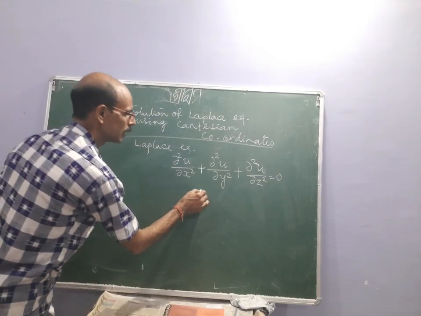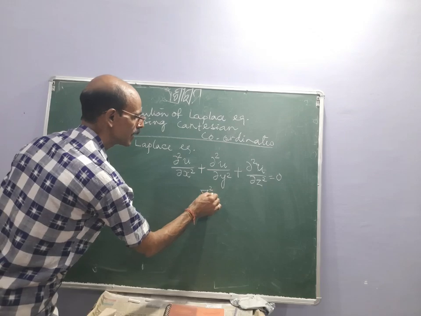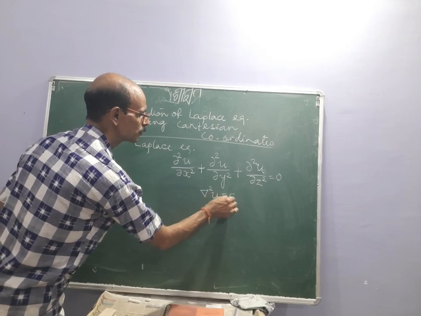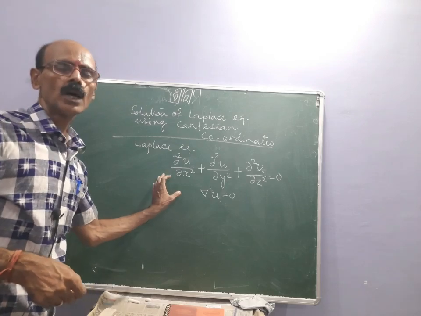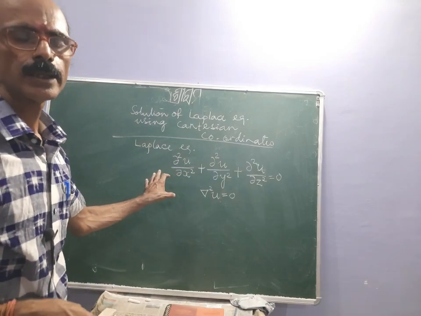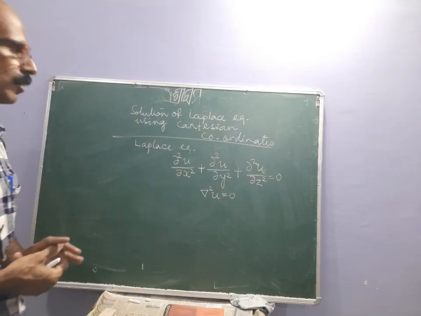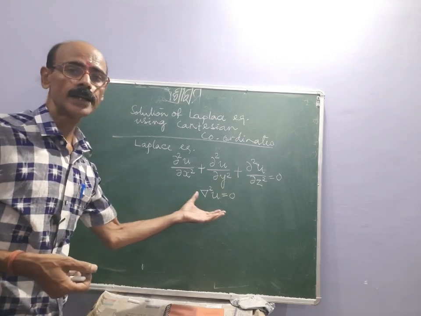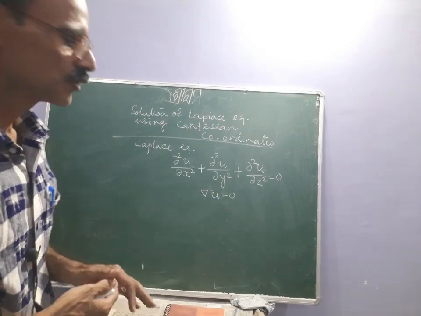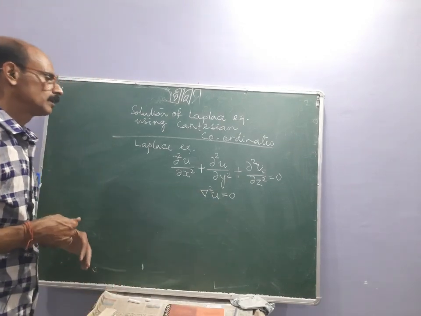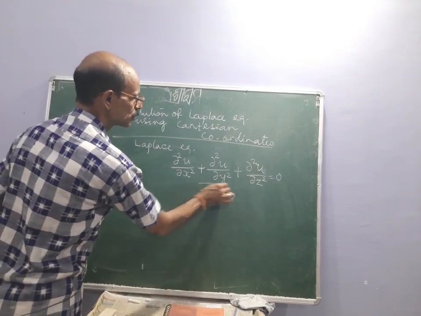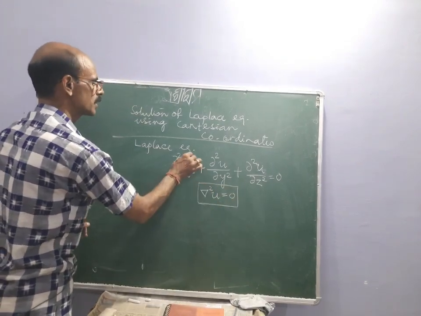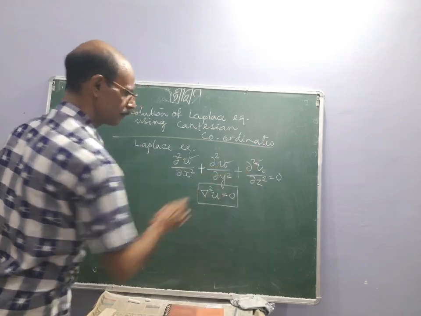Or in short, it is written as del square u is equal to 0. You come across such an equation in electrostatics while reading electric potential. So this is the Laplace equation and u is a scalar here.